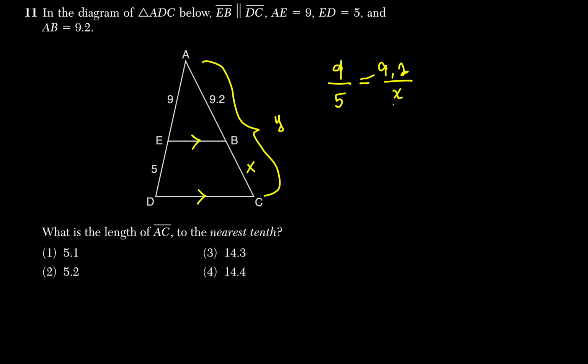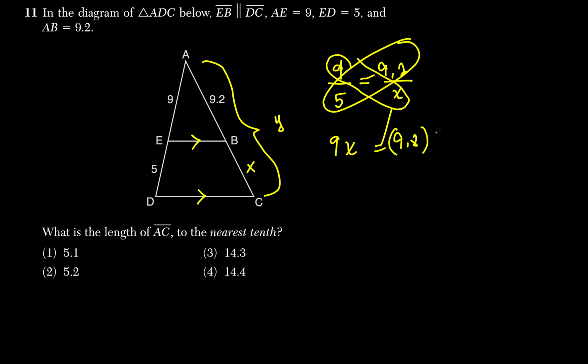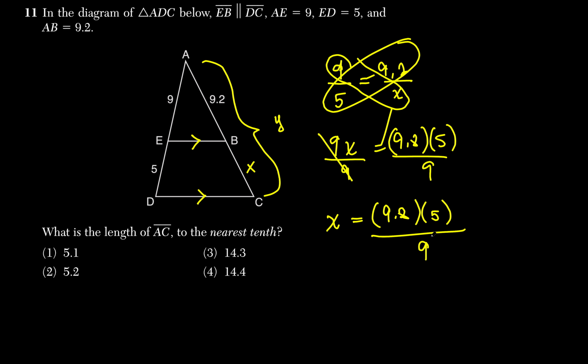What that means is that I can cross multiply, and I get that 9x is equal to 9.2 times 5. Then I can go ahead and divide both sides by 9 to get x by itself. So I get the value of x is equal to 9.2 times 5 divided by 9, which, if you open carefully, will give you the value of roughly 14.3.